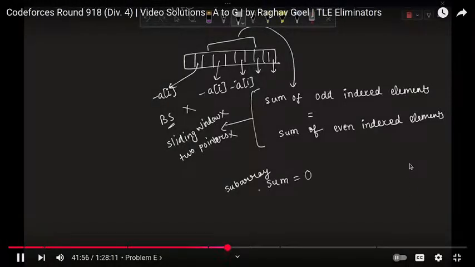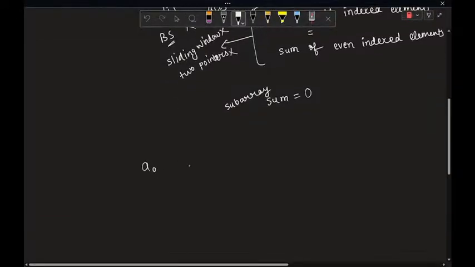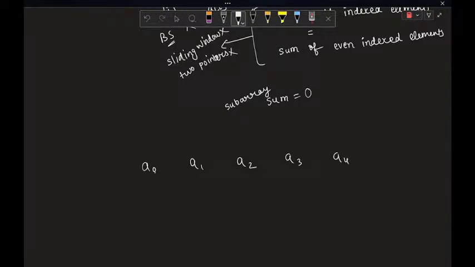is equal to 0. Can I say this? If I have an array A0, A1, A2, A3, A4, or maybe let me use one-based indexing here, A1, A2, A3, A4, A5.